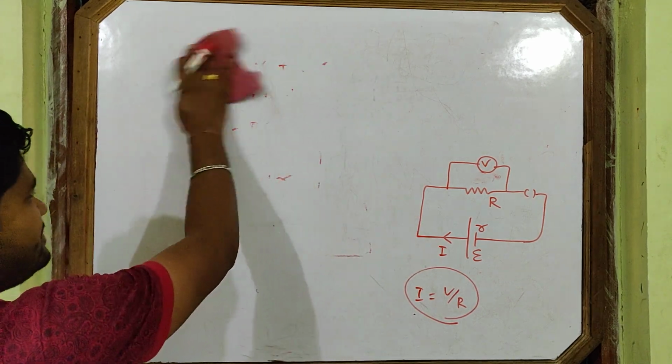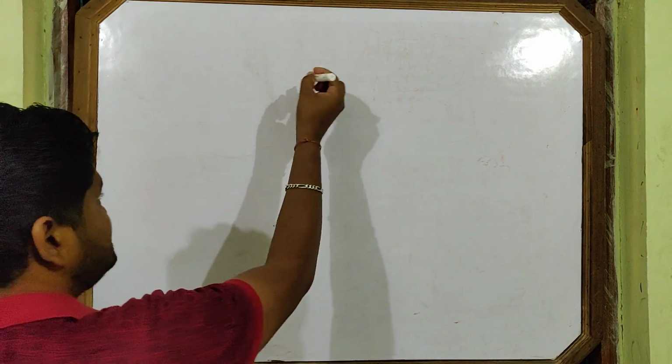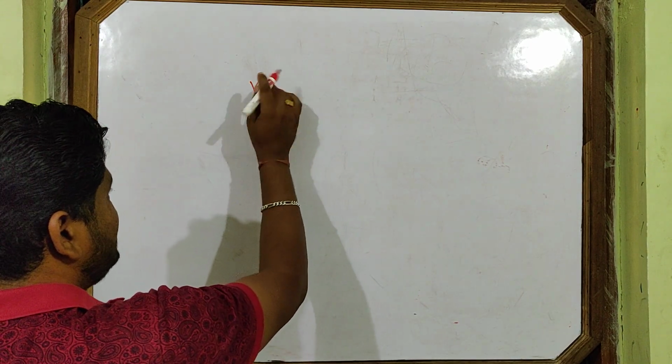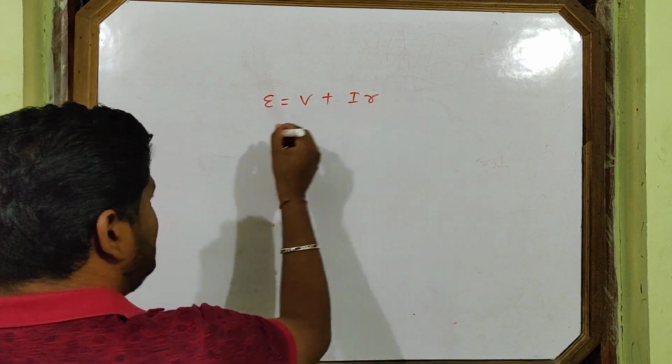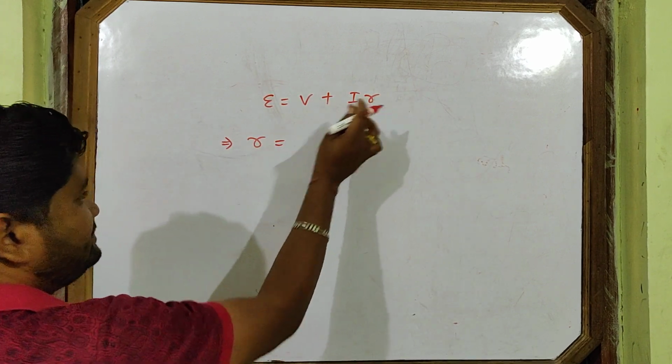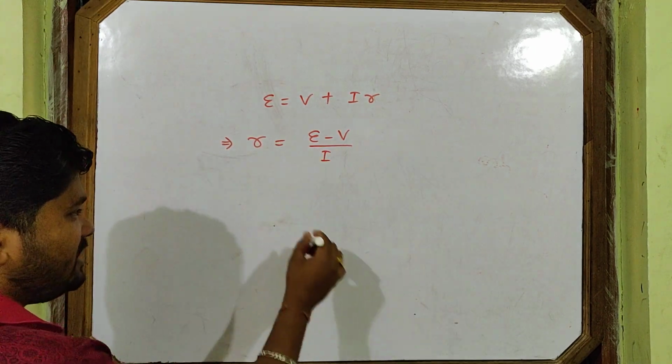Then we go to the expression of internal resistance. What is the expression of internal resistance? Again, the discharging condition I am writing: E is equal to V plus Ir. So r is equal to E minus V by I. Right?